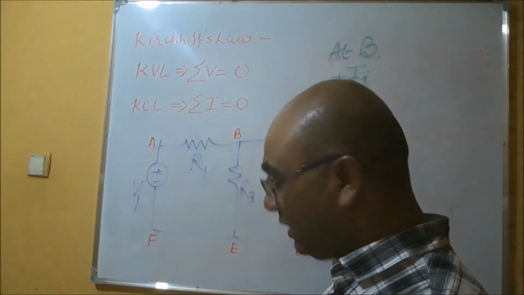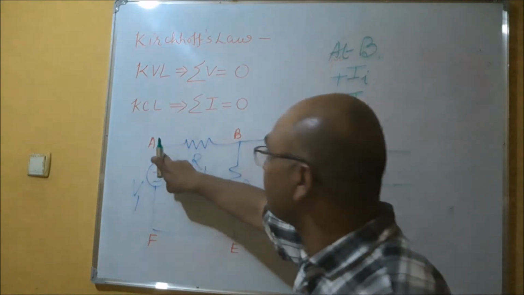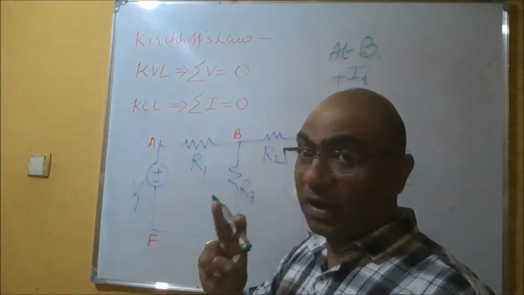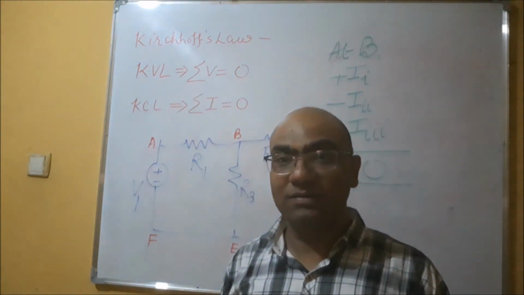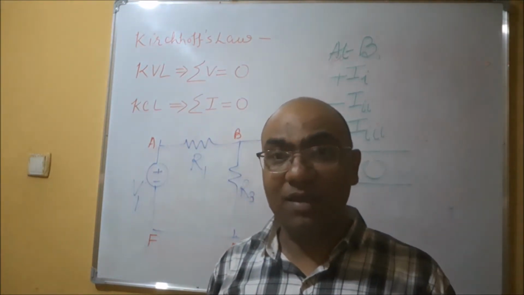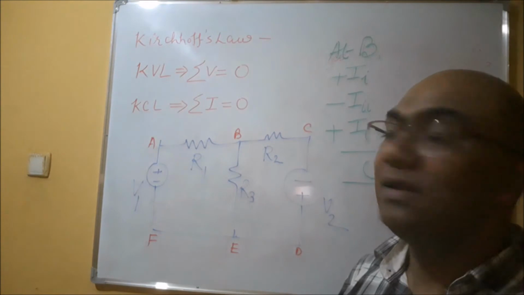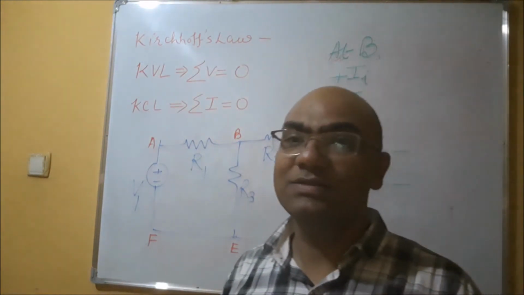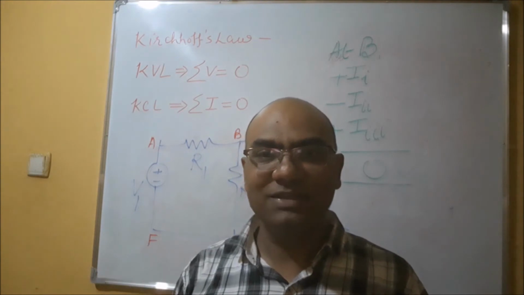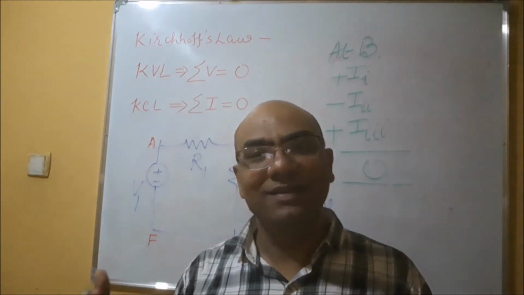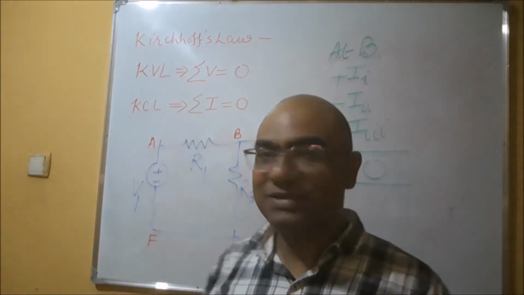Suppose I am talking about a closed path. Closed path means we can take a loop and we can take a mesh. So KVL is applicable for both loop as well as mesh.